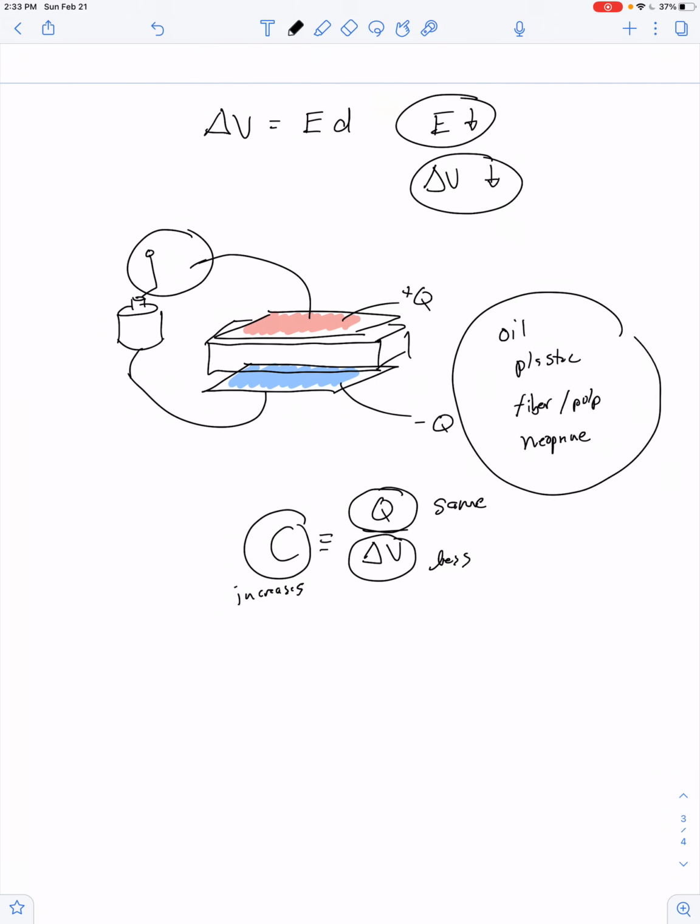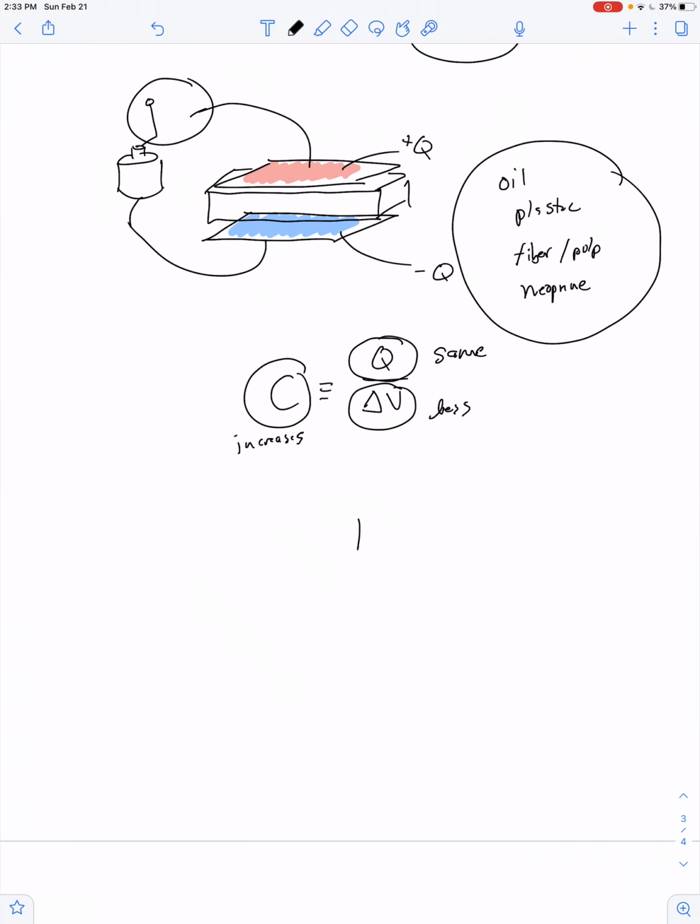Most physics textbooks have a table somewhere in the chapter that we're studying here, this chapter on capacitors and capacitance, and in that table they'll list several materials, and next to it the value of kappa. Now kappa is a dimensionless quantity, meaning it carries no units.